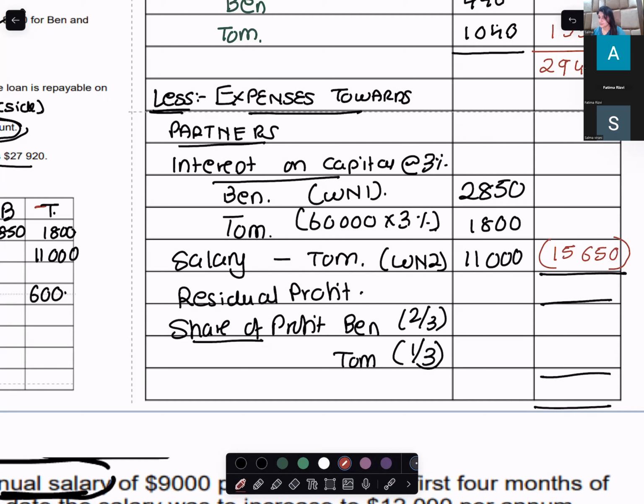So how much is the residual profit? Residual profit is also called net divisible profit. So how much is residual profit? 13,800. This 13,800 you will write here also.